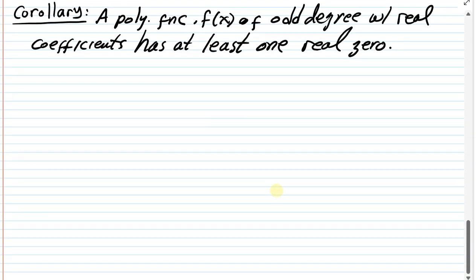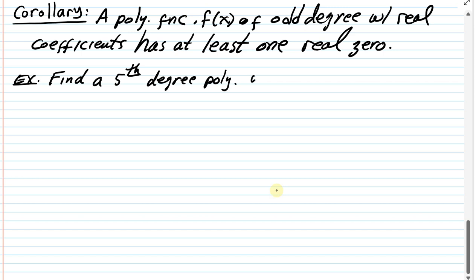Now, let's finish off our work with some examples here. All in all, we're going to look at about 4 examples. Now we have three or four examples. Let's see how this is going to work out. So in this example, let's say I want to find a 5th degree polynomial with real coefficients.